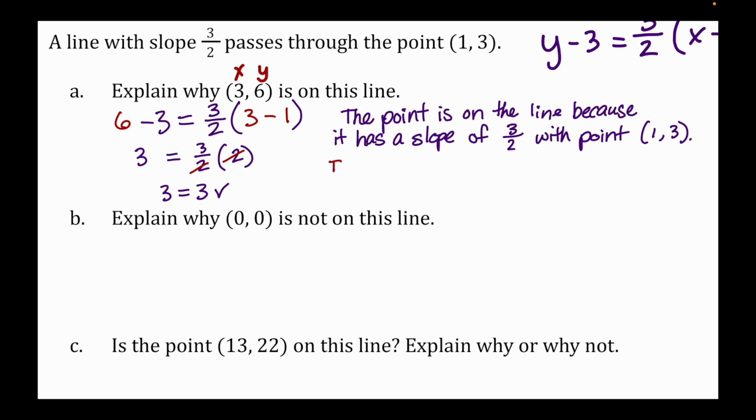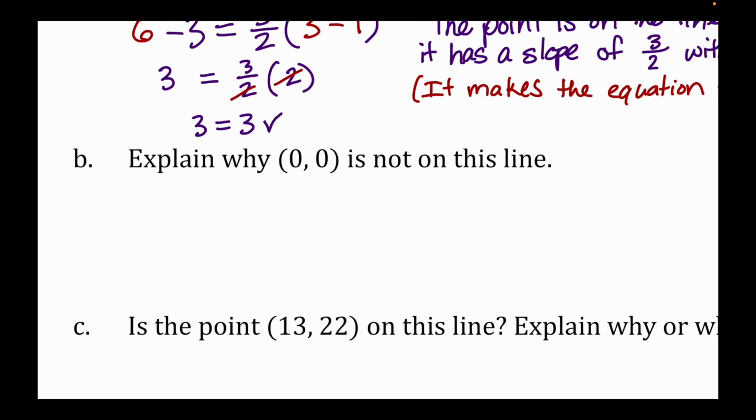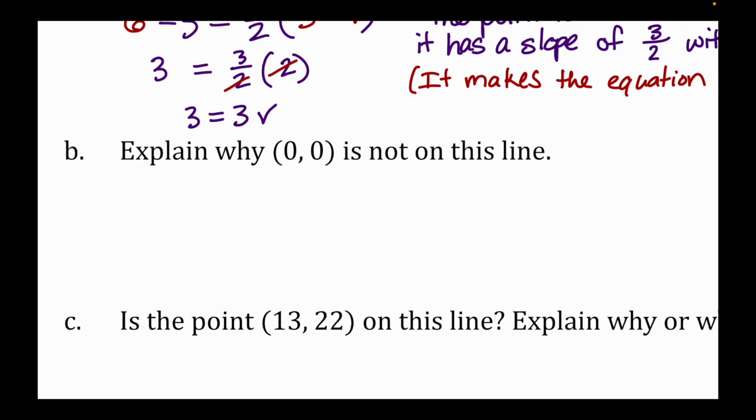I'm going to add a little side thing here, basically saying it makes the equation true. And making the equation true is what gives us that description of it being on the line, making that slope. So let's explain why 0, 0 is not on this line.